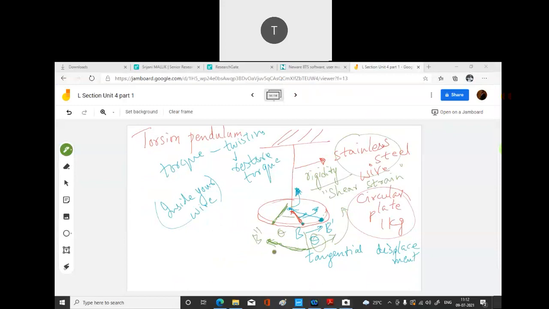Now, as I told, there is going to be some time period. We need to take the time period for each oscillation. In our case, to be more specific, it is circular oscillation. So what is the time period? Using this time period, we can find the rigidity modulus of your stainless steel, because you're creating shearing strain, and hence you can find the rigidity modulus.